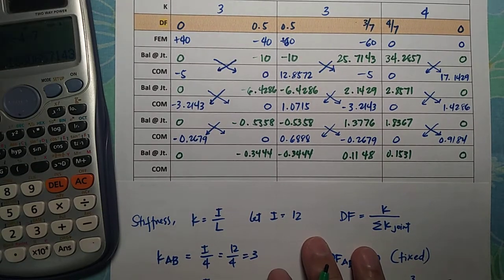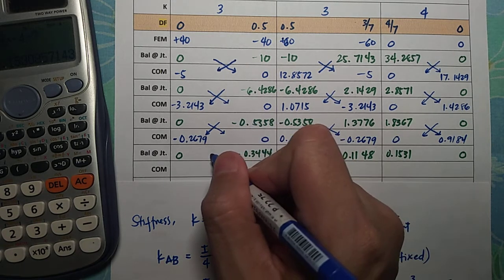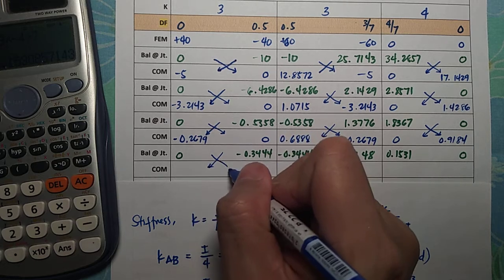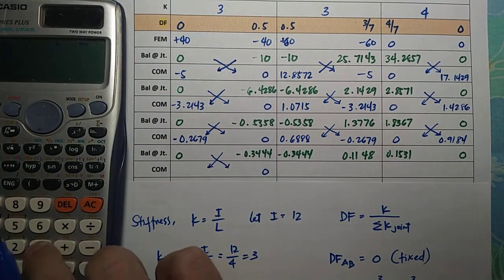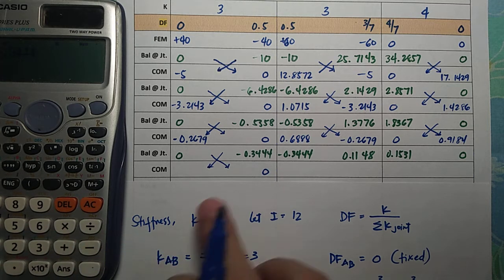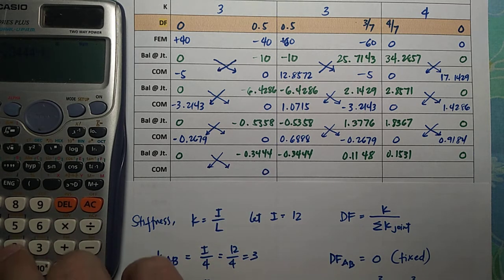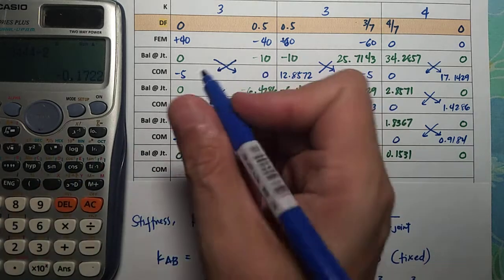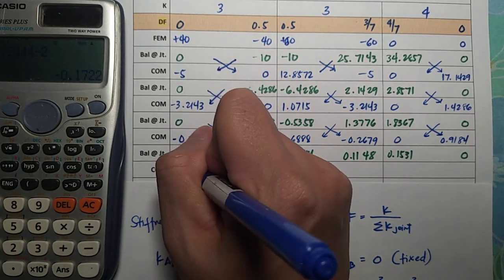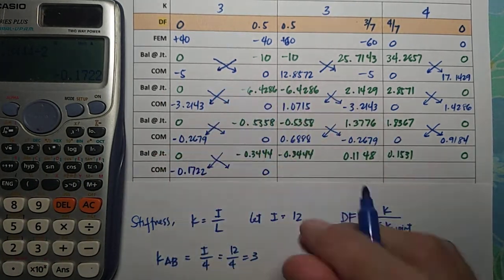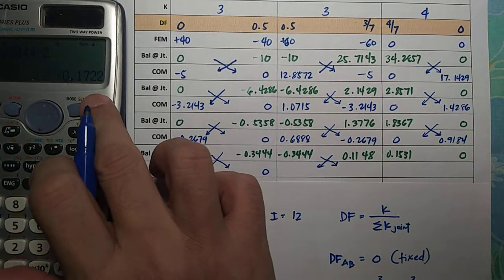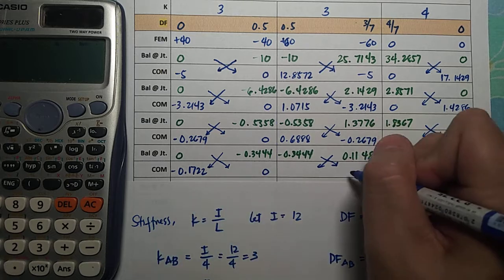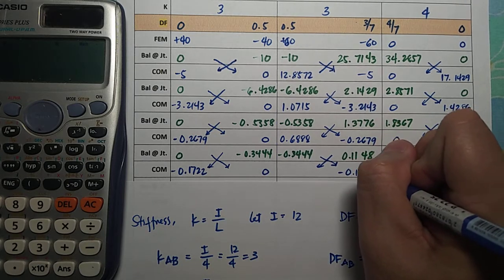Next is COM. So, paano pag COM ulit? Ganun ulit, no? So, cross lang. So, 0. This one, negative 0.3444, divided by 2. So, that's negative 0.1722. Here, 0.1722.